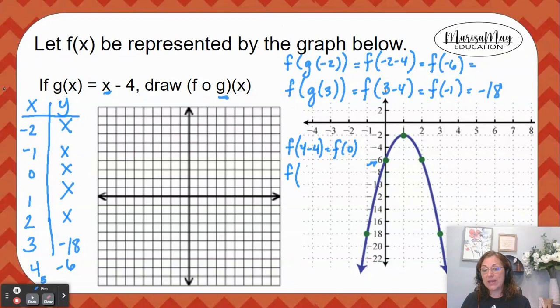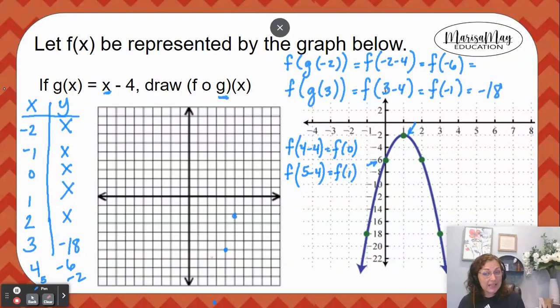When we get 5 minus 4, so f of 5 minus 4 would really be f of 1, which would be -2. Okay, so when we're at 3, -18, that's going to be way down here. Then we've got 4, -6, which would be here. Then we've got 5, -2, which is here.